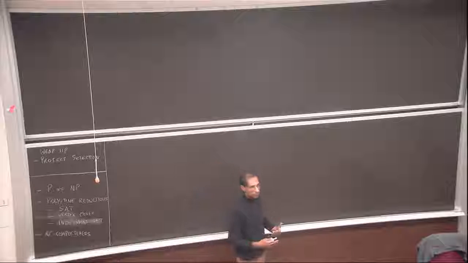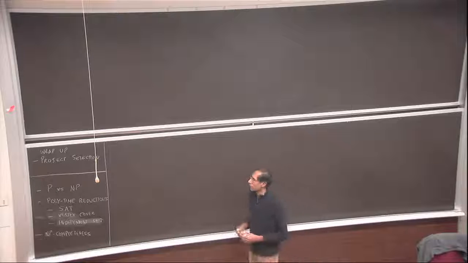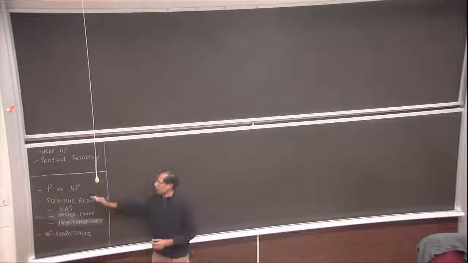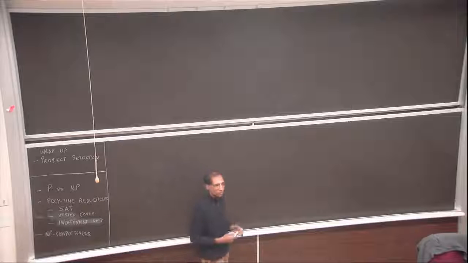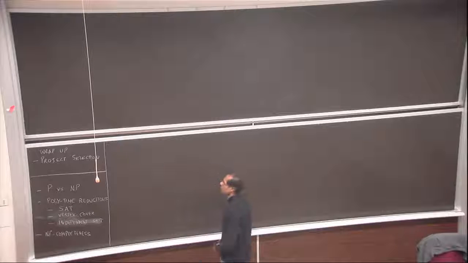In the sense that we are focused on solving problems efficiently, and we will get a glimpse of problems that we do not know how to solve efficiently. Okay? So that's how we will wrap up the course.